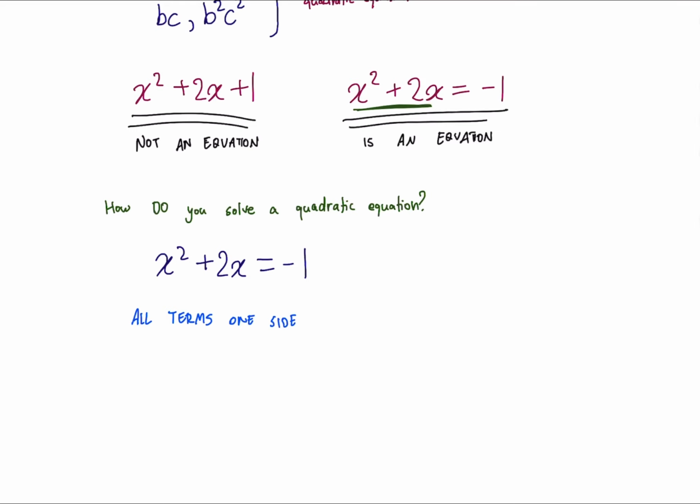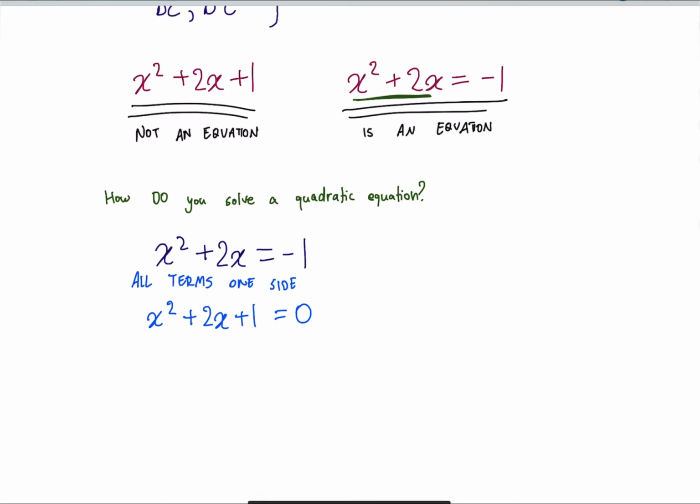Now we're going to find two numbers that add up to 2 and, when multiplied, give a product of 1. I'll explain why I chose these two numbers.